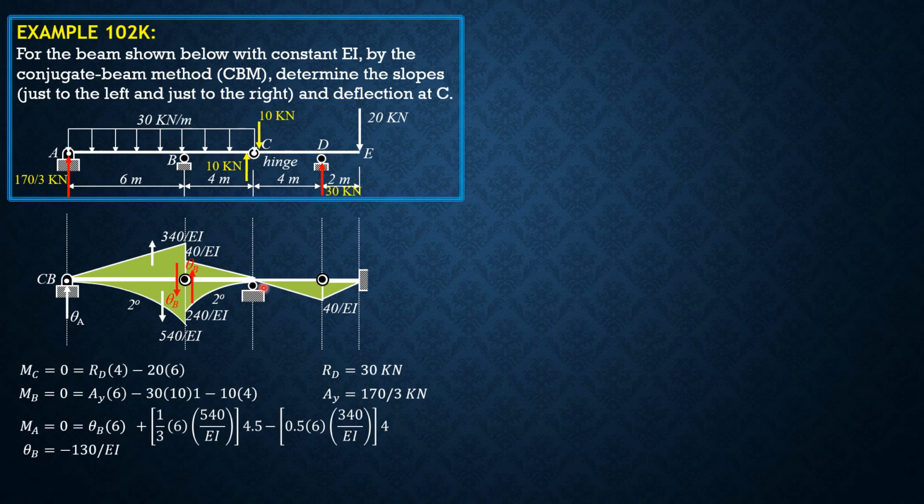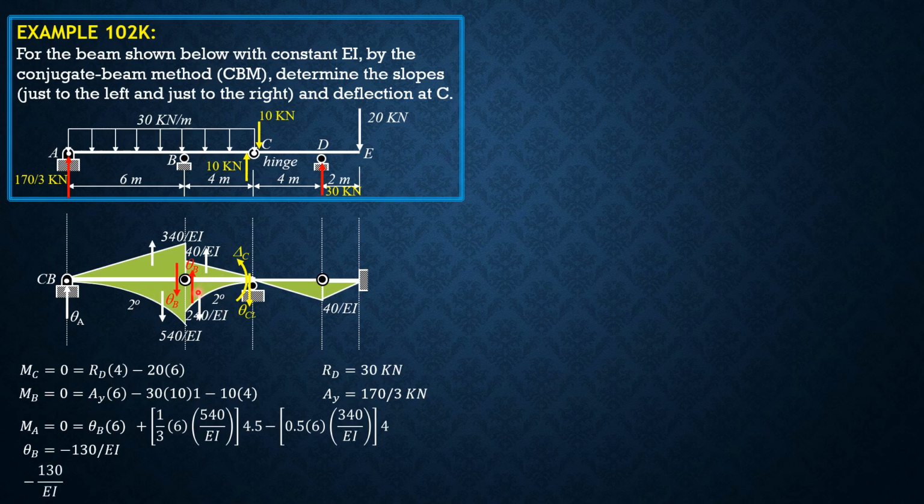Then, having found theta B, let's consider BC just to the left of C. So that's theta C left, the positive assumption of slope, then the deflection counterclockwise, delta C. To solve for delta C left, we consider BC left, and let's have the guide for areas. Summation forces Y equals 0.